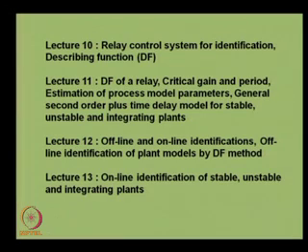That is known as identification. Relay control system for identification. Why relay? Why not any other mechanism for identification? It is one of the most simple nonlinear devices that can be employed for identification of many systems.